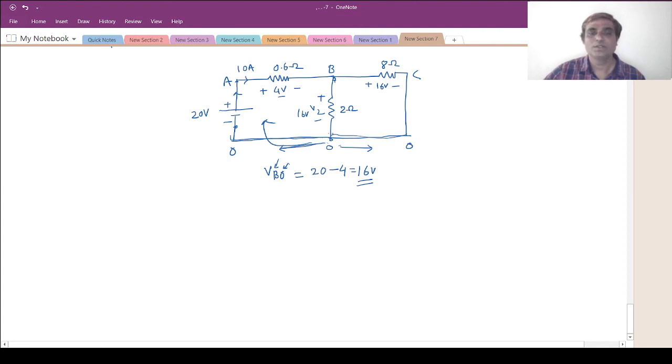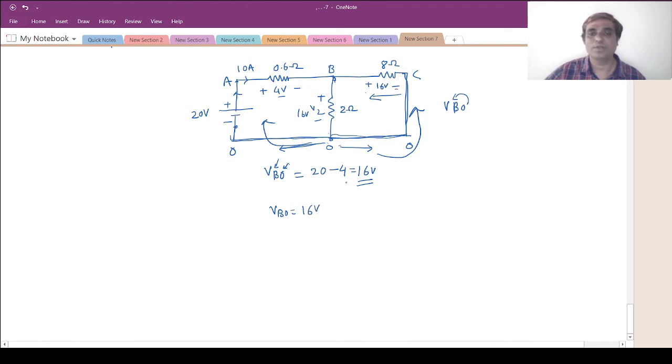Suppose to calculate VBO, start from point O, reach B, and add up all the voltages. The result will be the voltage difference between B and O. Suppose I go the other way: from here to here 0, as it is a wire, from here to here also 0, from C to B, I reached B, but here I am going from this to this, so there is a voltage rise, so it will be 16.